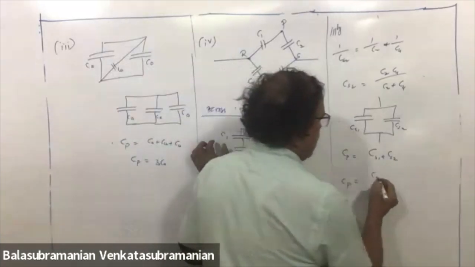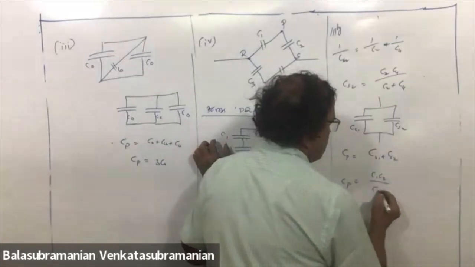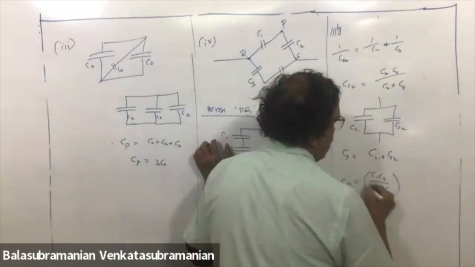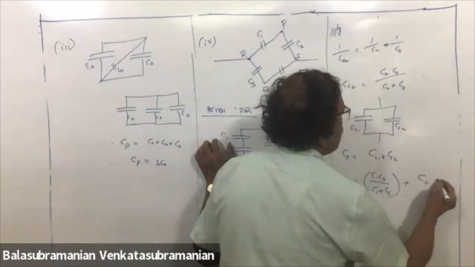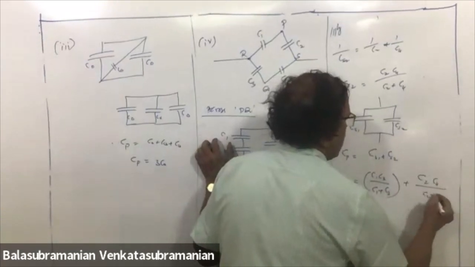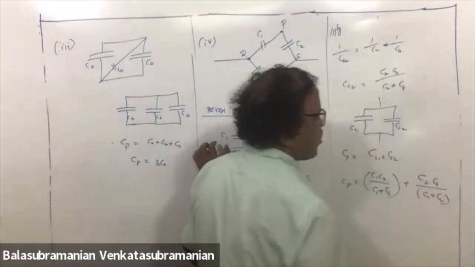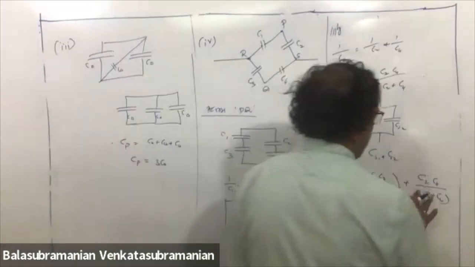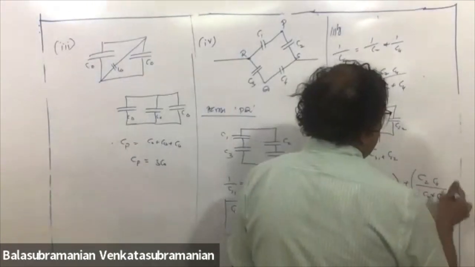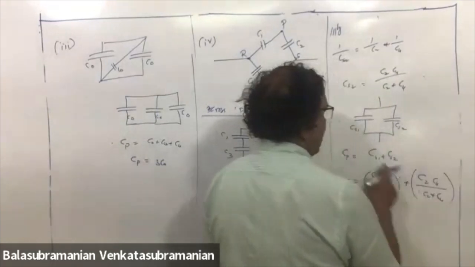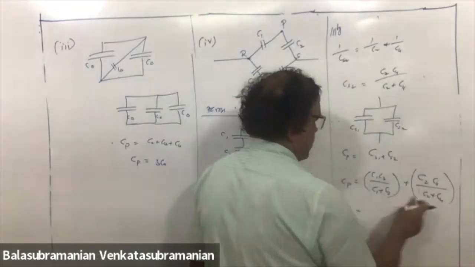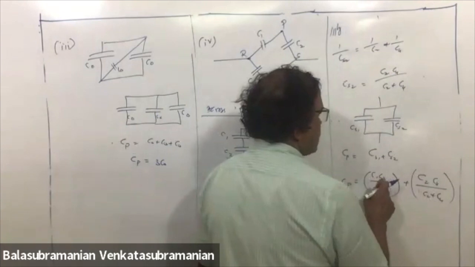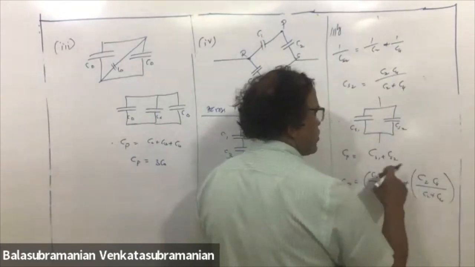C1 C3 by C1 plus C3, and C2 C4 by C2 plus C4. Add means LCM. Cross multiply C1 C3 into C2 plus C4.